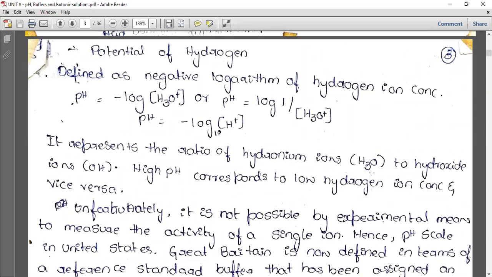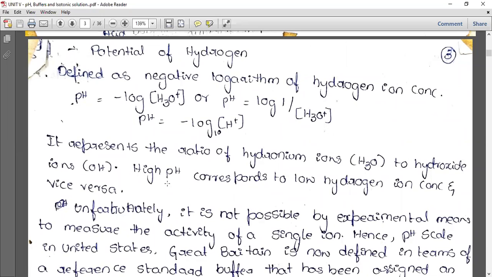So if the concentration of the hydrogen ion is less, indirectly the concentration of hydroxide ion increases. Since it's a balance between the two, it depends on which will increase. If hydrogen ion decreases, hydroxide ion increases, wherein the pH will increase. If hydroxide ion increases, pH will increase. If hydrogen ion increases, pH will decrease.